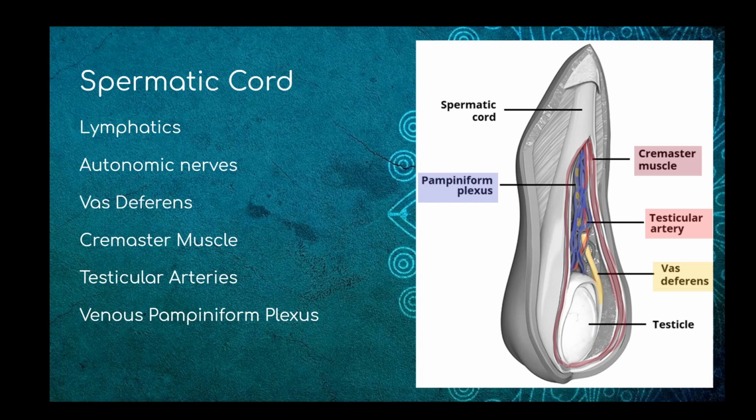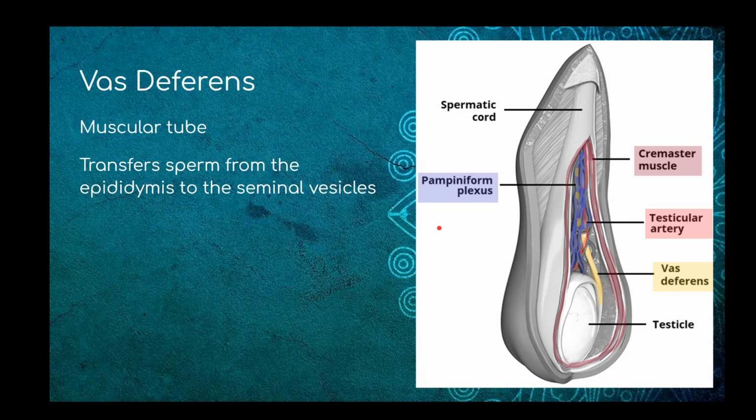Know that it's home to lymphatics and autonomic nerves, but most importantly, it's home to the vas deferens. That's the tube that carries the sperm. It's also home to the cremaster muscle fibers, which are muscles that head out into the scrotum, the testicular arteries, and the venous pampiniform plexus.